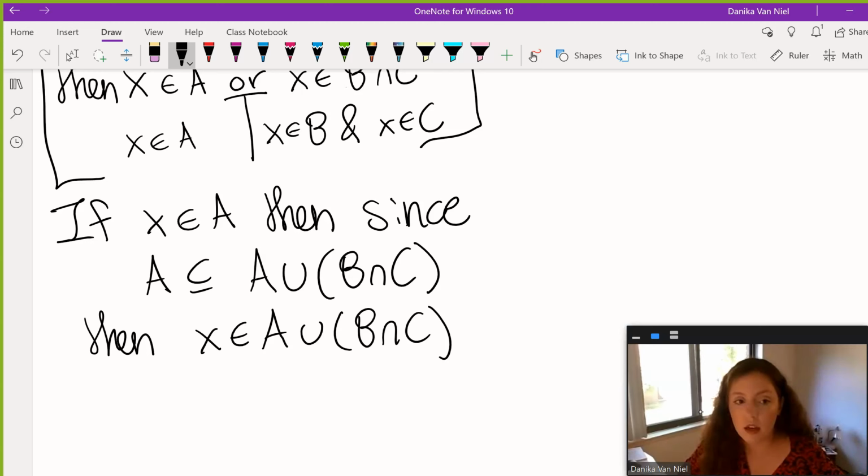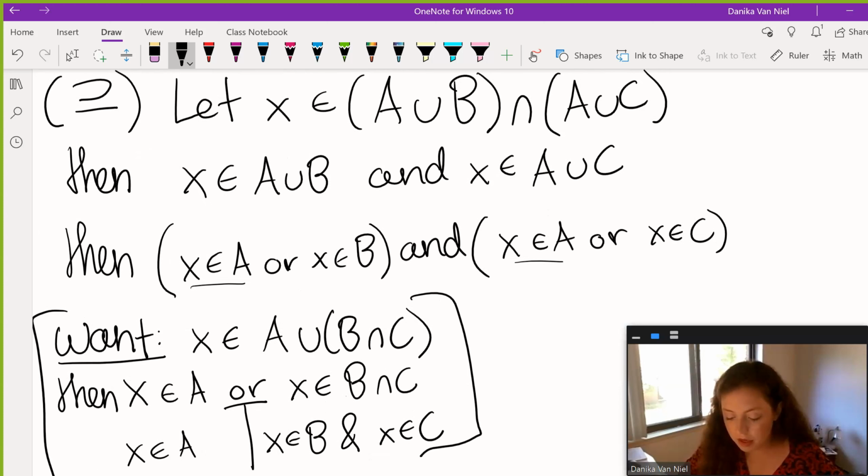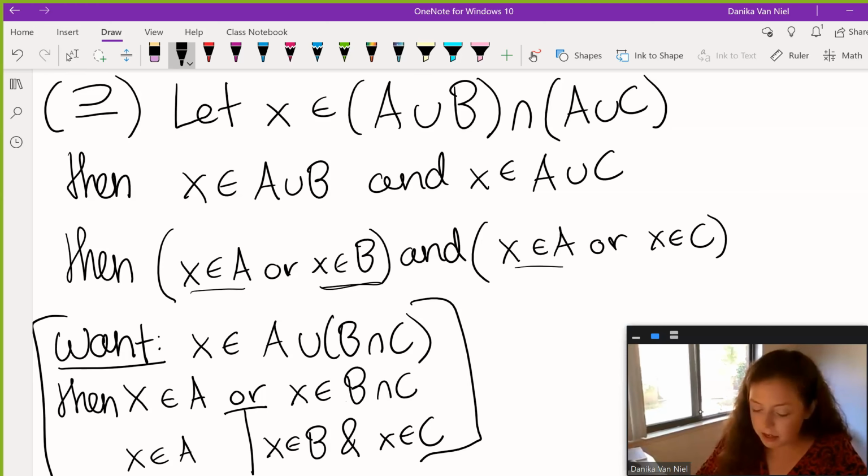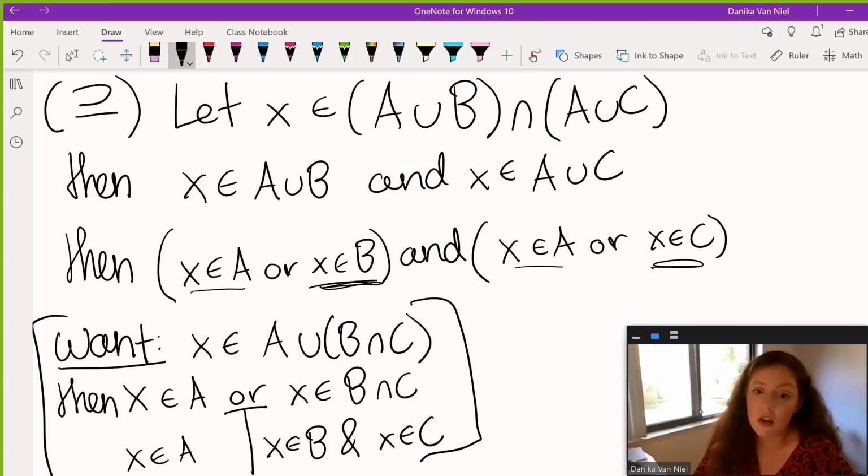We could now talk about what if X is in B. But just because X is in B up here, that doesn't mean that X is also in C. It could be that X is in B and X is in A, so that's why it's in the intersection.